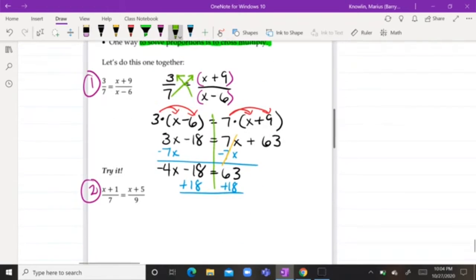And we're going to keep our equation coming straight down. The 18's cancel out. Now we have negative 4x equals, well, let's add. This becomes a 1, carry the other 1, and that is 81. And now we simply divide both sides by negative 4.